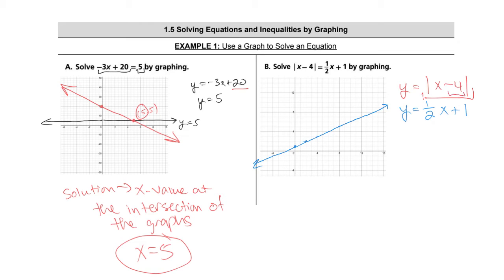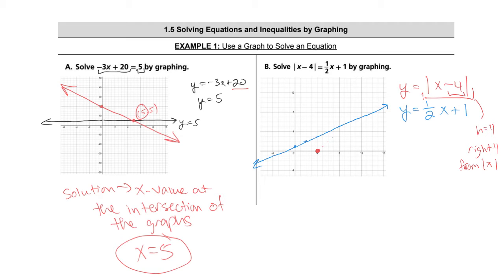Well, we know this minus 4 inside tells us that our h is equal to 4. So we're just shifting right 4 from absolute value of x. So we're just making our vertex 4, 0 instead of 0, 0.